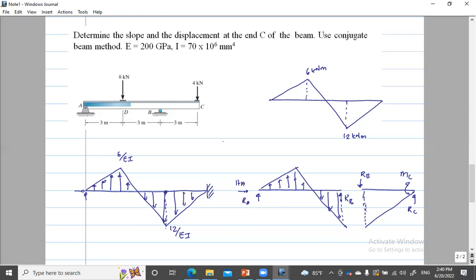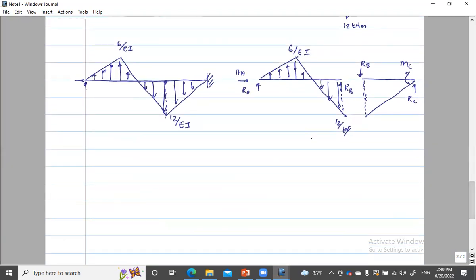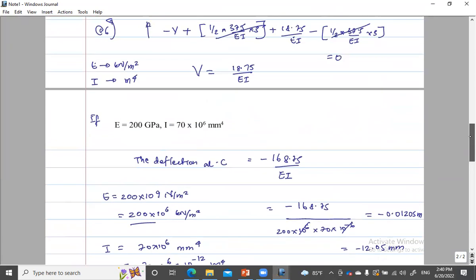So if you look at this one, 6 over EI, 12 over EI. So when you consider RA plus RB plus the load on this side, half times 6 over EI into the distance is what is interesting.